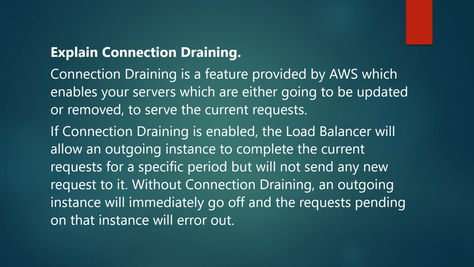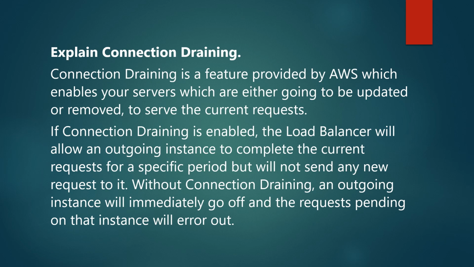Explain connection draining. Connection draining is a feature provided by AWS which enables your servers which are either going to be updated or removed to serve the current requests.